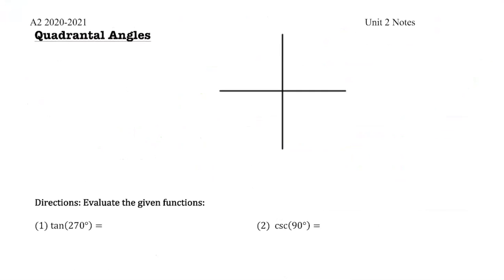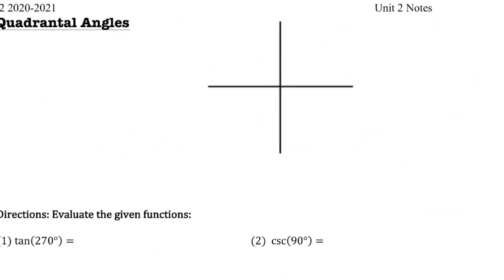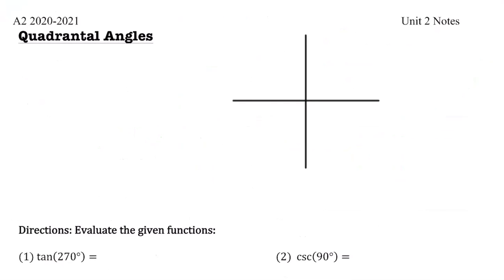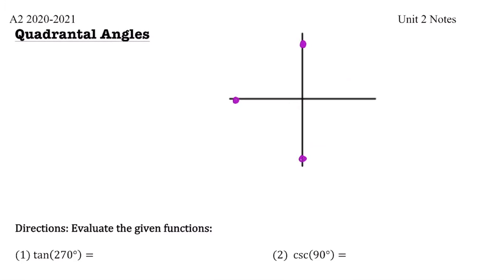Now, there are some cases where we could be working with quadrantal angles. And quadrantal angles are the ones that are a little bit odd. When we say quadrantal angles, we literally mean the angles that would fall on the quadrants. These are a little bit odd because they don't really have a technical reference angle, because reference angles are always formed with the x-axis.